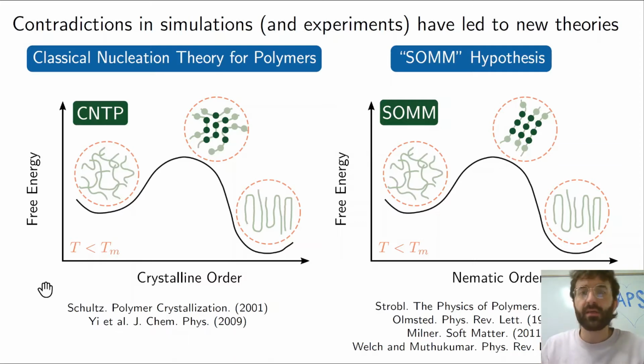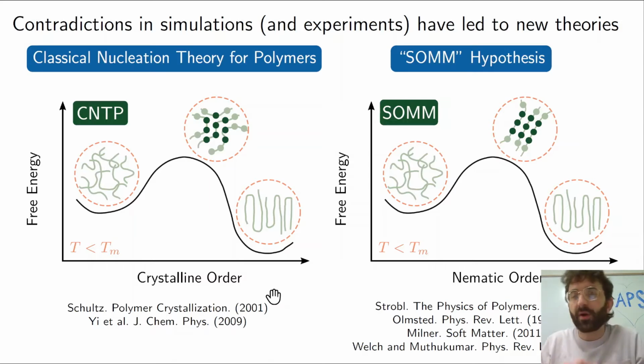What that means when it comes to a free energy surface is that it has a higher free energy, meaning it's less stable, than the true stable state, which is the crystal. And it happens that this process, according to CNT, is activated, meaning there needs to be significant thermal fluctuation for the melt to form a small crystal nucleus with enough free energy to overcome the barrier.